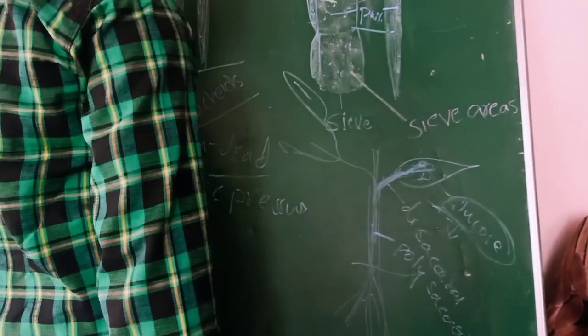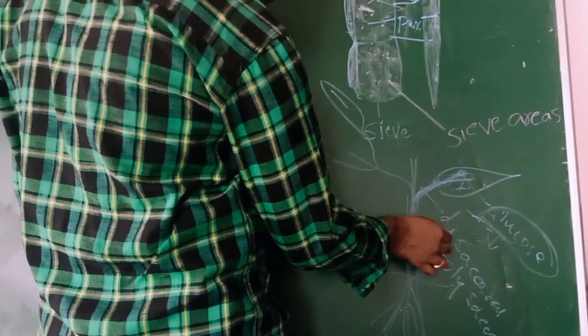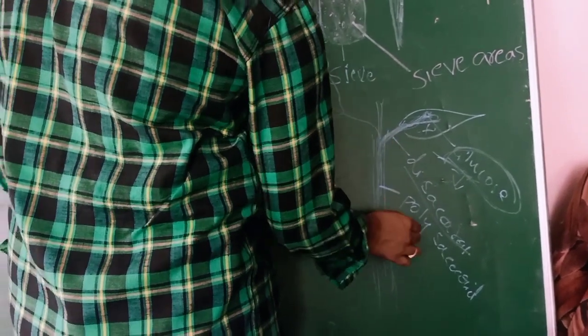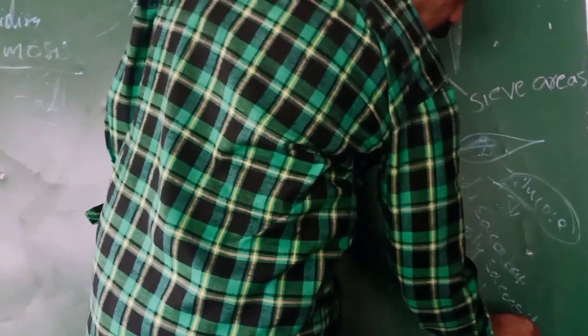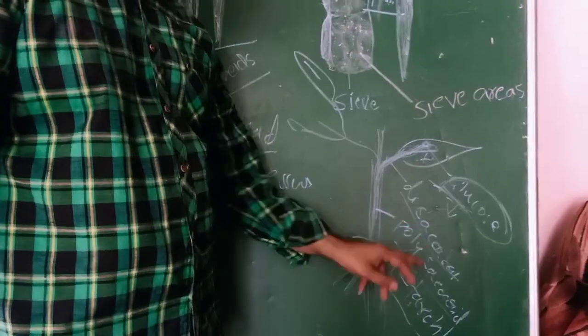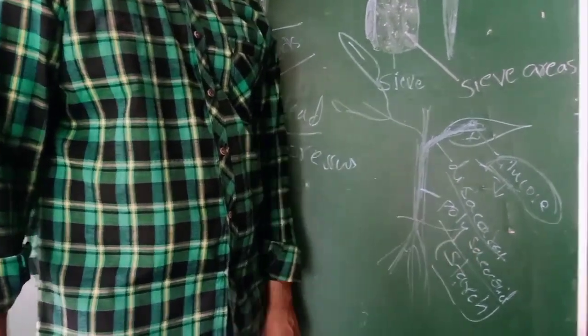It is supplied in plant body through phloem like disaccharides. It stores in plant body like polysaccharides, nothing but starch. In stem, in roots, it stores like starch.